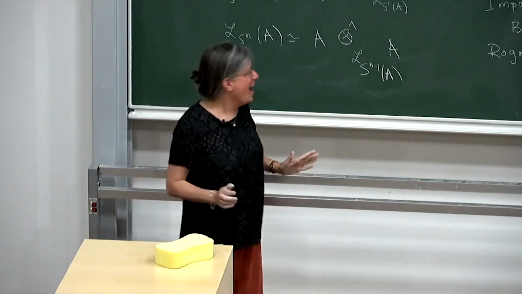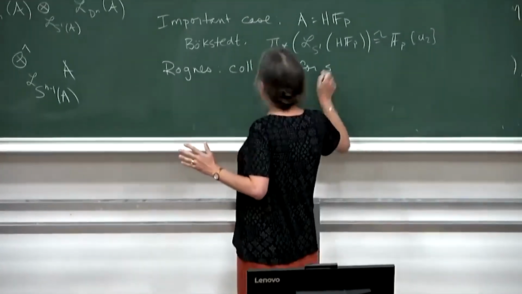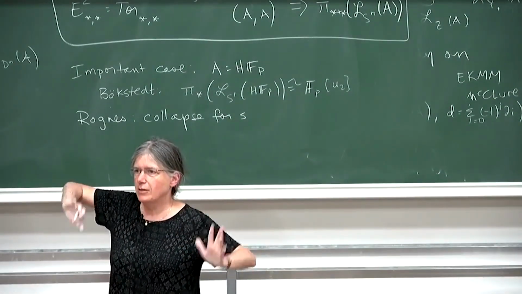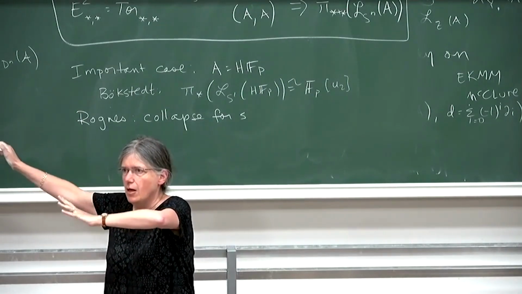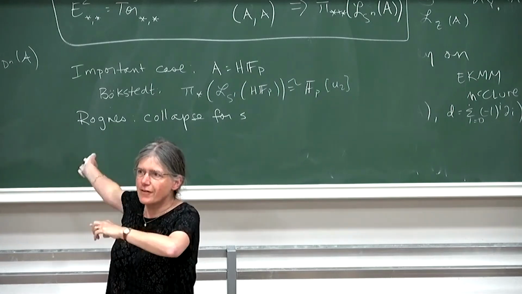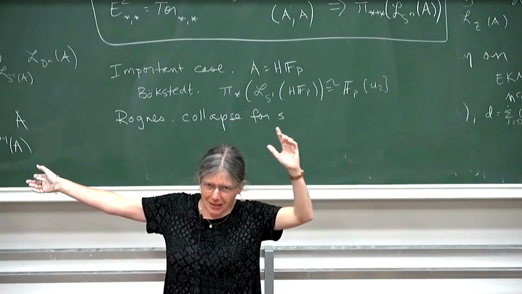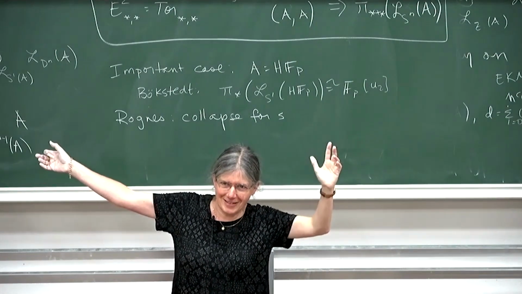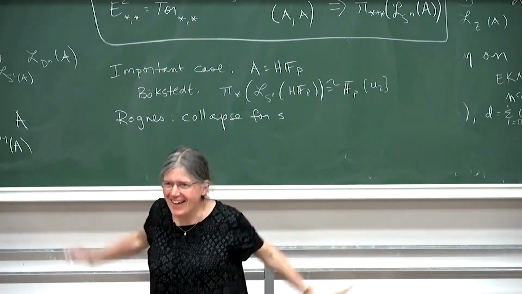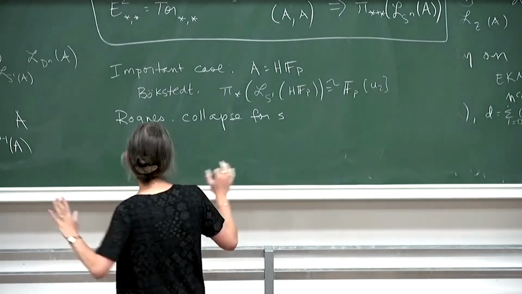Okay, so collapse for small n. And then it turned out Maria Basterra and Mike Mandell knew it by a totally different method, earlier than what I'm going to write here. And when we did it for all n, in a yet different way later, we mentioned them. Okay, this is the complete story as I know it.